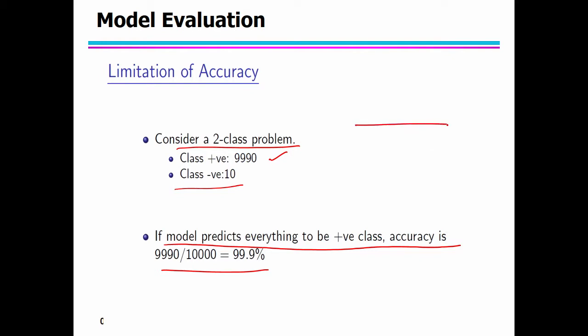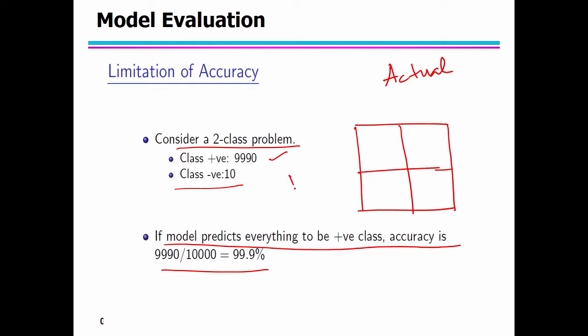Why? You form the confusion matrix here. The actual positive class is 9990. Let us say I prefer to write actual on the column side, but there is no restriction, you can do it the other way around also.